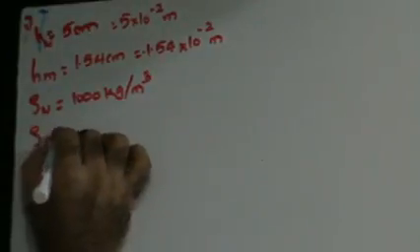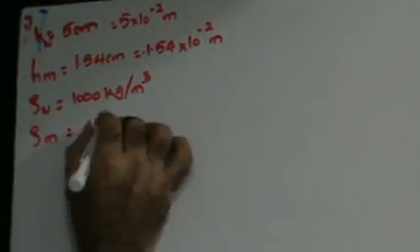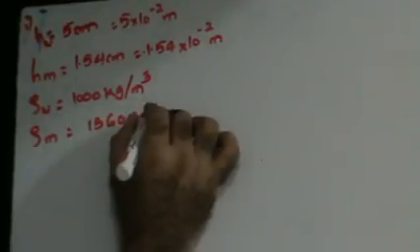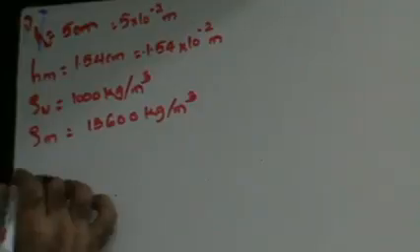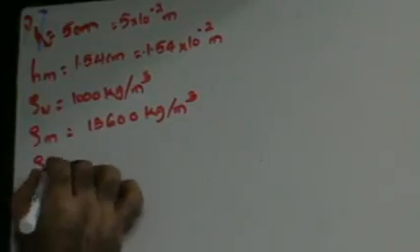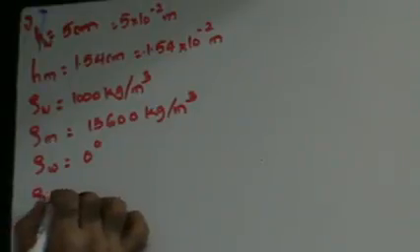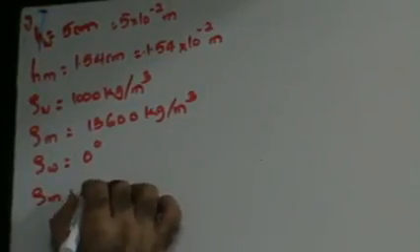The density of mercury is 13,600 kgs per meter cube. The angle of contact of water is 0 degrees, and the angle of contact of mercury is 130 degrees.